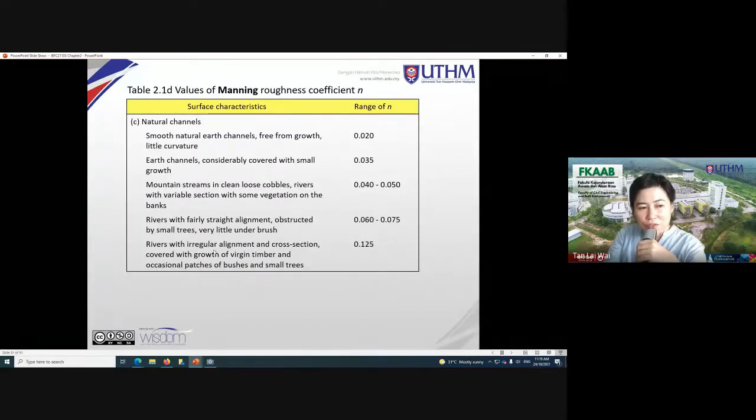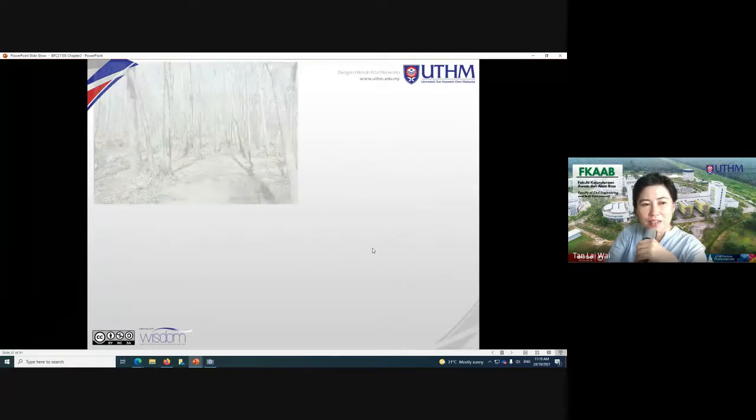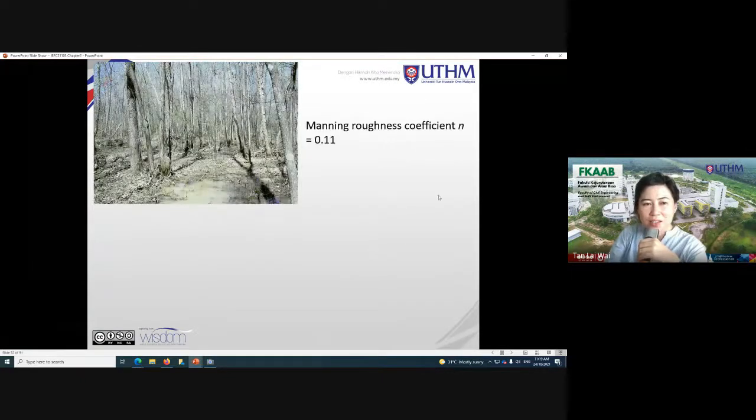Now look at this river with irregular alignment. That means it's not a straight river, but it's bending. So the Manning value is so high, which is 0.125. What else? Now look at this. This is considered surface flow, or it is considered open channel flow as well.